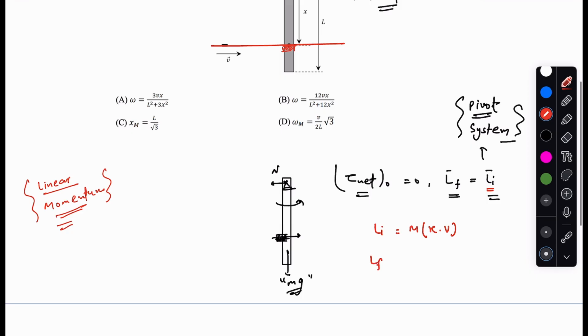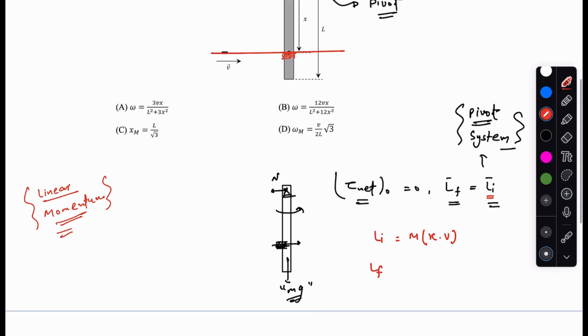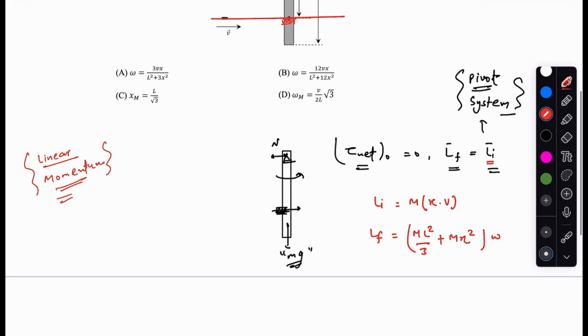Finally the rod is rotating and the bullet is rotating with it. So it is I omega, where I of the system is mL square divided by 3 plus m x square, times omega. So L final, taking m by 3 common, becomes L square plus 3x square times omega.